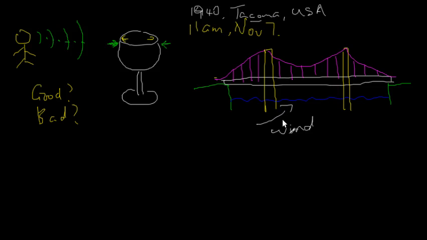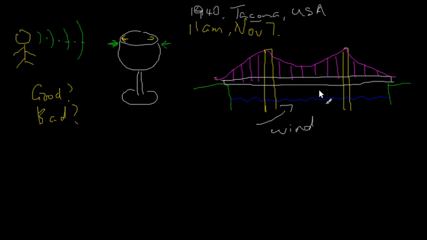So somehow the wind, by interacting with the structure, by blowing through the bridge, starts exerting forces on the bridge at the natural frequency of the bridge, right? At the frequency that the bridge would go up and down, as well as twist left and right.